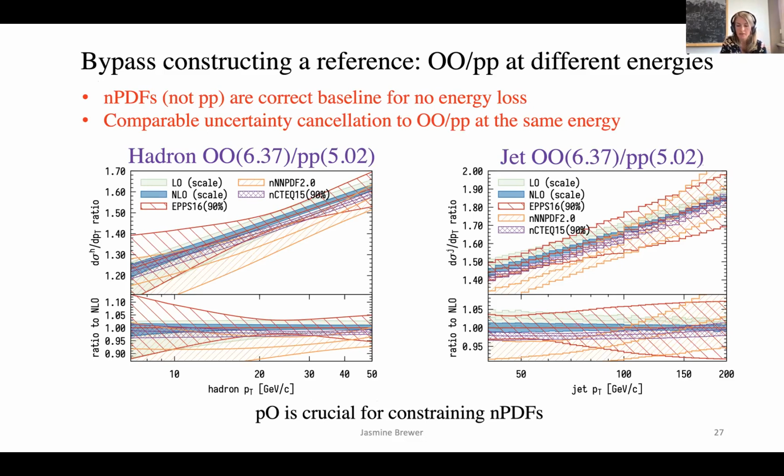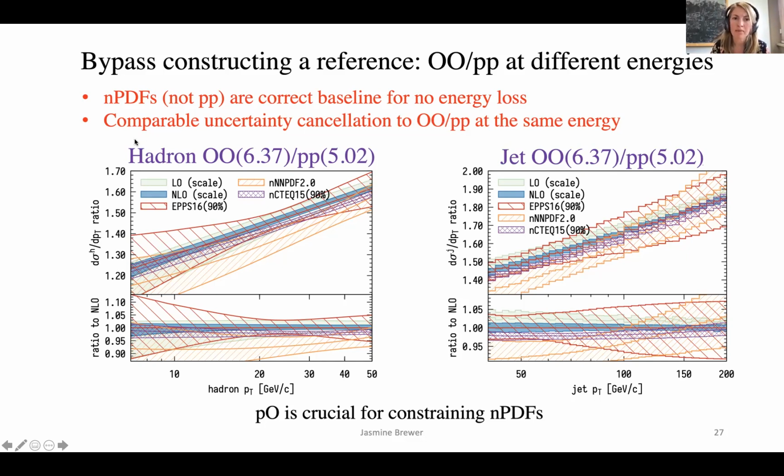And so in some sense, the reason that we needed this pp baseline was just to cancel uncertainties, not because the ratio with respect to pp should be 1, because it's really this nuclear PDF baseline, which particularly for small energy loss effects is the correct comparison to make if you're searching for energy loss in oxygen-oxygen collisions.